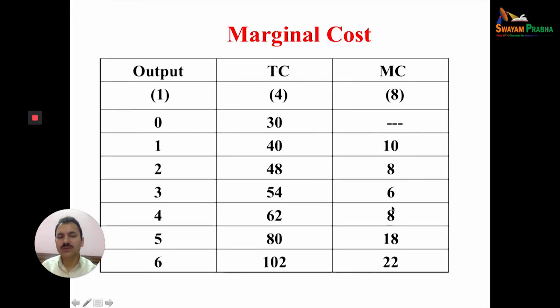Now the marginal cost is increasing. Similarly, the marginal cost will decrease with the increase of output, reach its minimum point, and after reaching this point, it will start increasing.